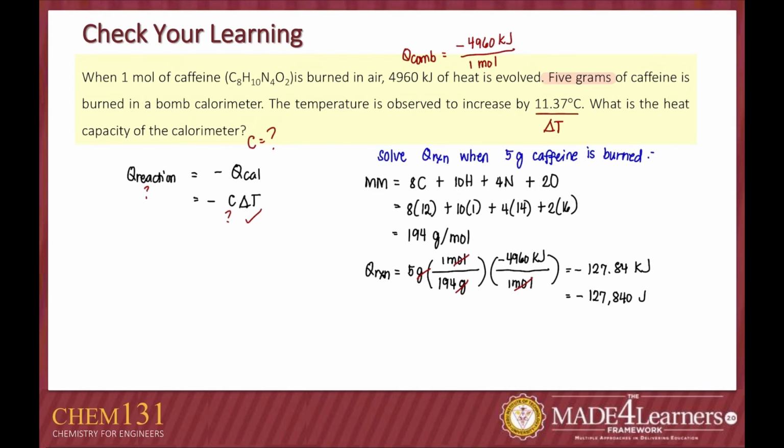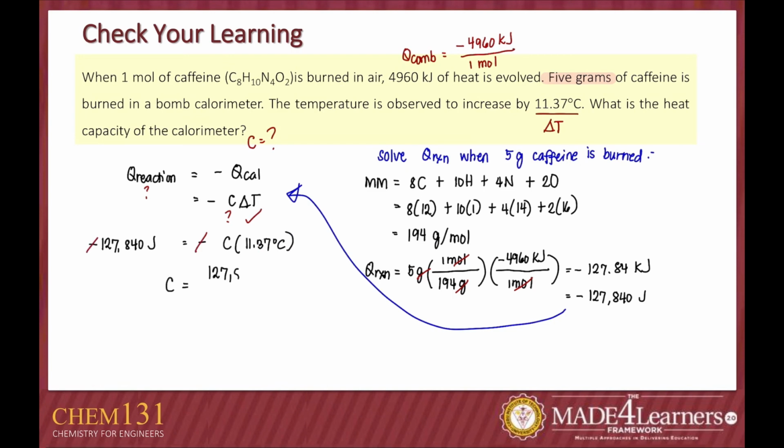So, we can now substitute that. Okay, we substitute. So, that's negative 127,840 joules equals negative C, and the change in temperature is 11.37 degrees Celsius. So we cancel out the negative sign and we divide, so C equals 127,840 joules divided by 11.37 degrees Celsius. And pila answer?